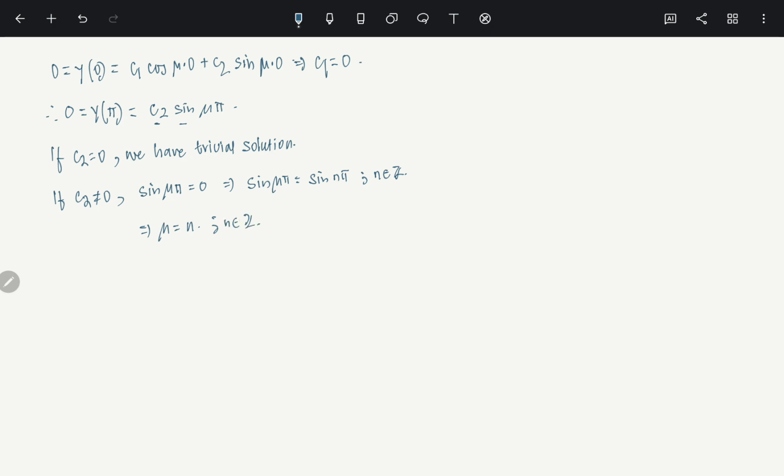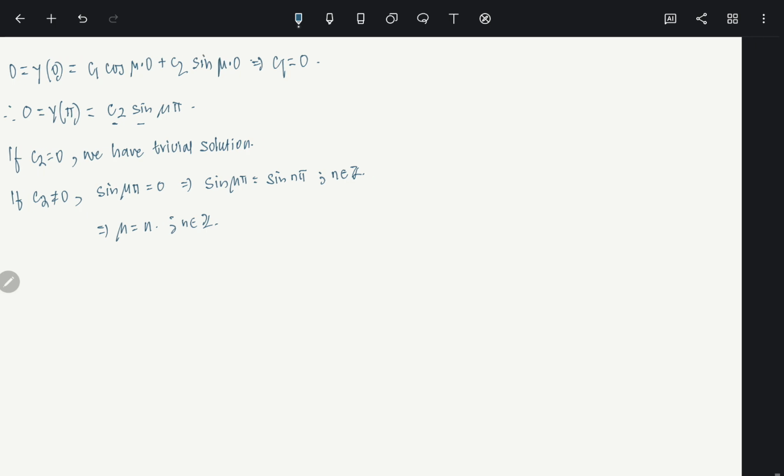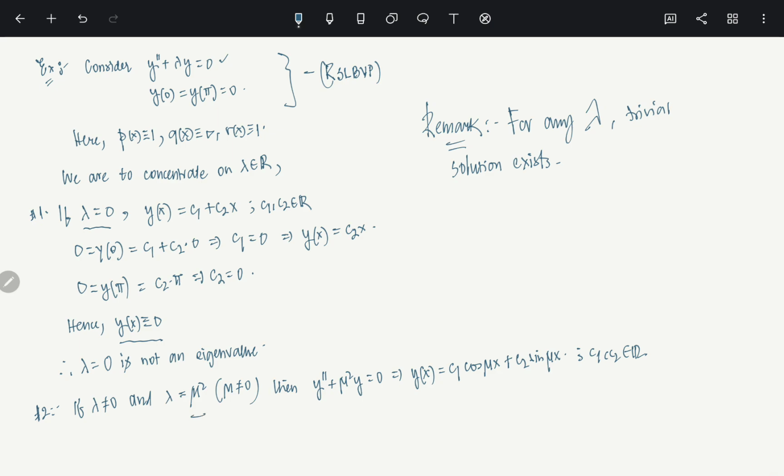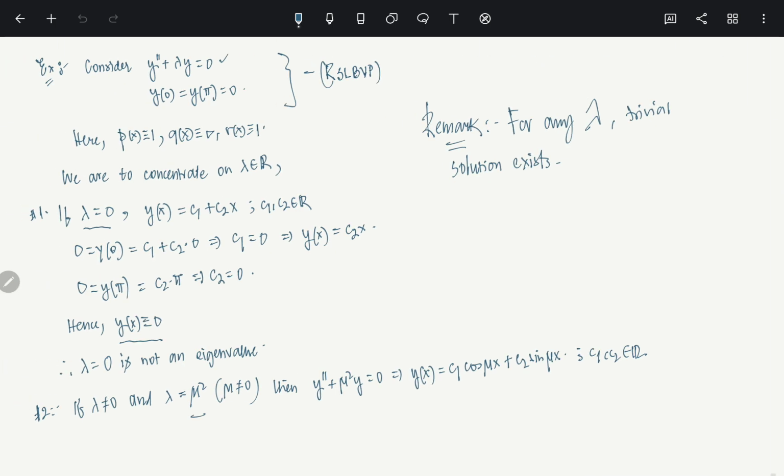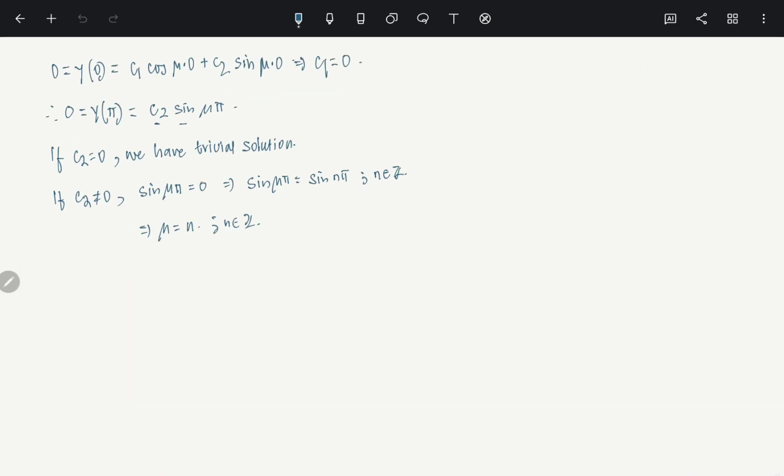So what it means is, if we are looking for non-trivial solutions, with positive eigenvalues, lambda positive, where lambda equals mu square, then positive eigenvalues exist if mu equals n. So what is mu? Mu is root lambda, so lambda is mu square, right? Therefore, what are the eigenvalues?